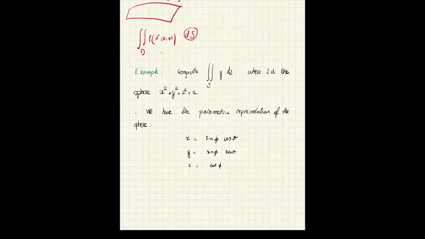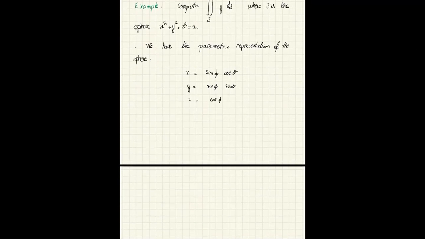And of course, the domain is phi between 0 and pi, theta between 0 and 2 pi.